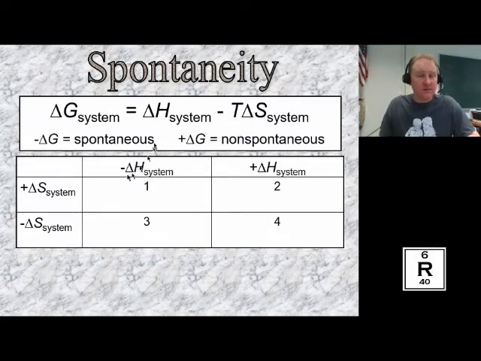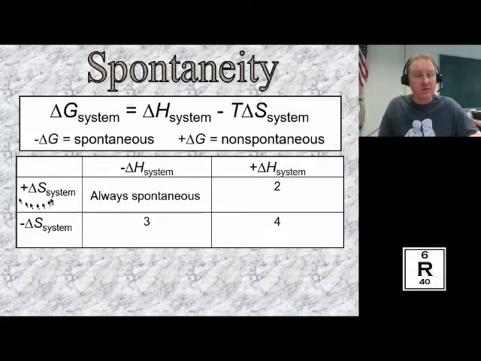So no matter what numbers I put in here, a negative here and a positive here, it's a negative minus a number, it's always going to be negative. So in this situation, for an exothermic reaction that is increasing its entropy, this will always be spontaneous. This is always spontaneous.